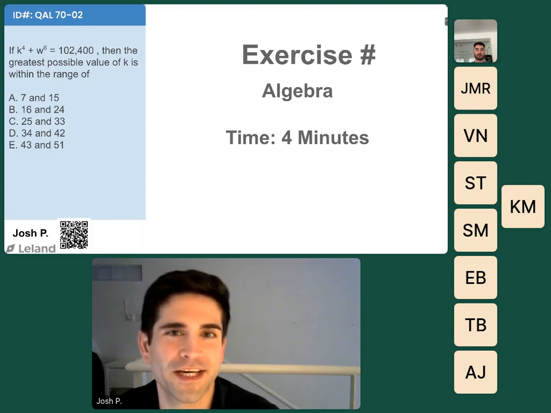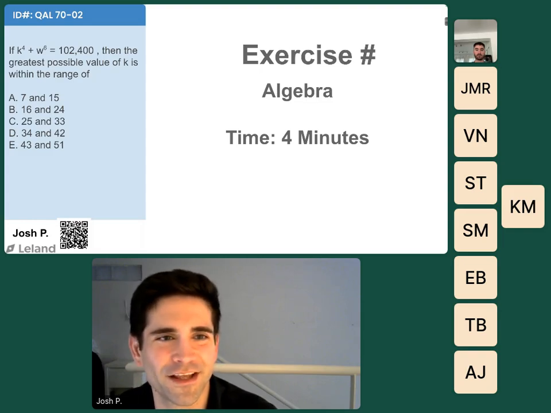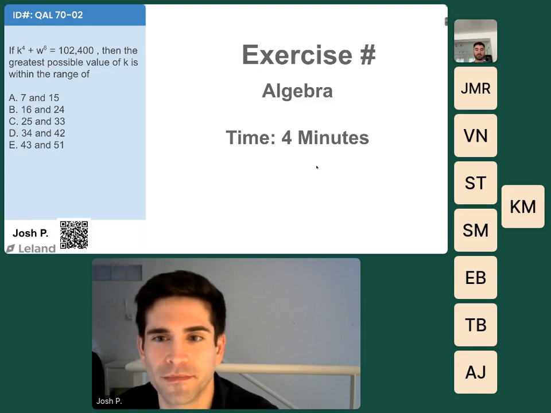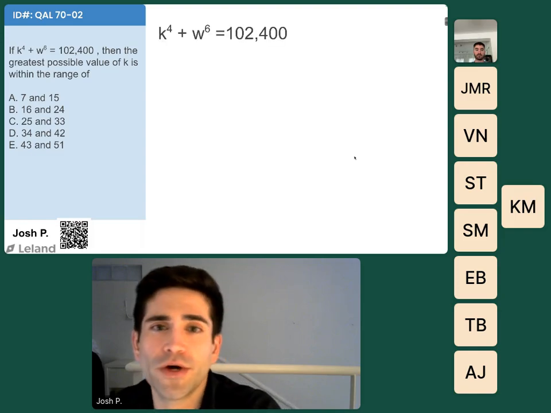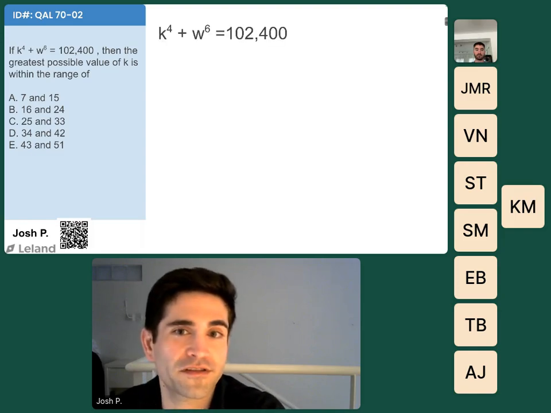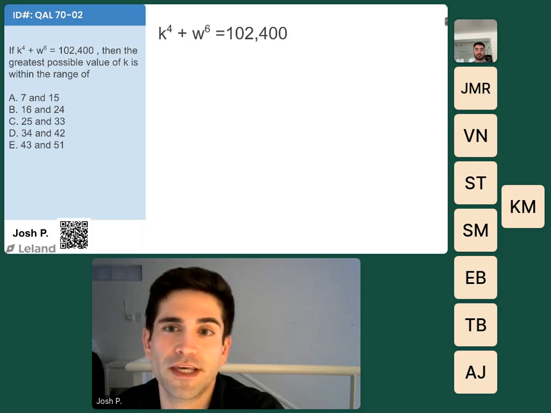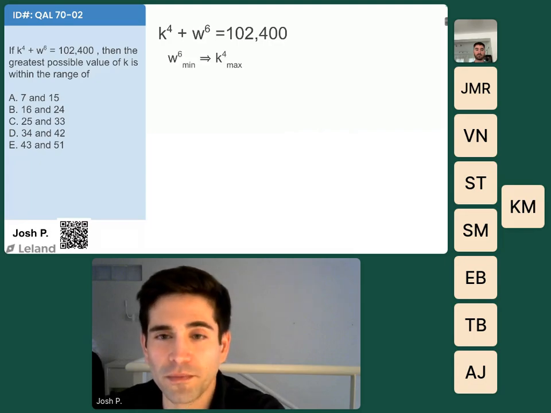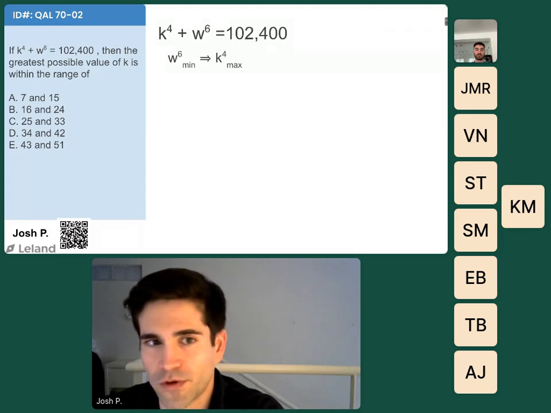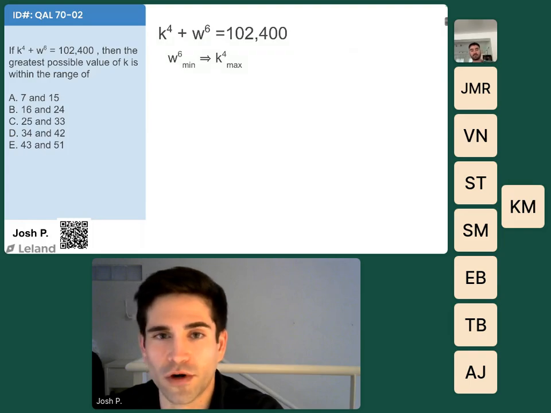All right, time is up. Let's see how we can approach this exercise. So we know that k to the fourth plus w to the sixth equals 102,400. And we're being asked the greatest possible value for k, or k max.